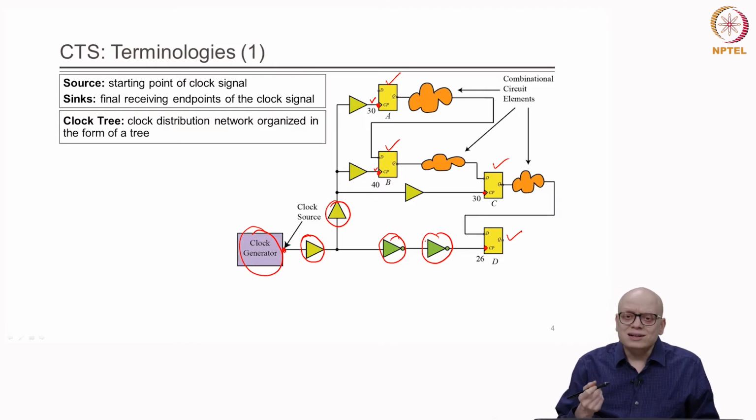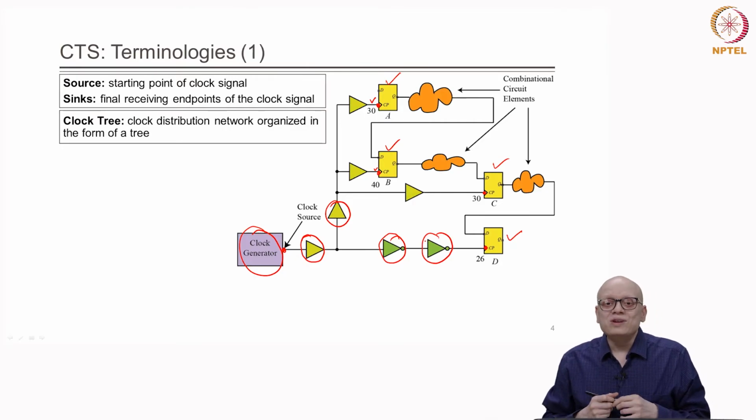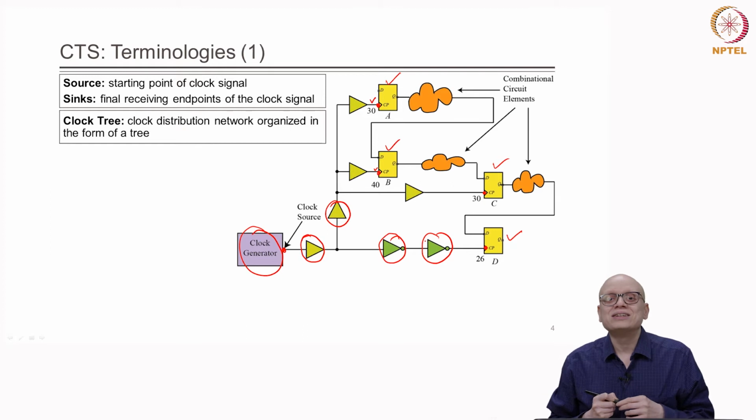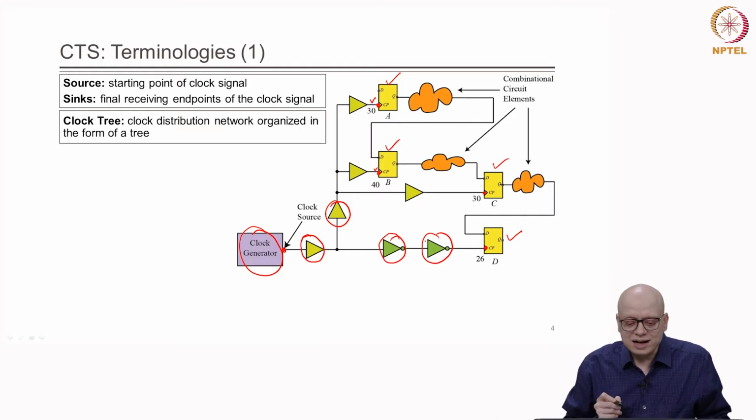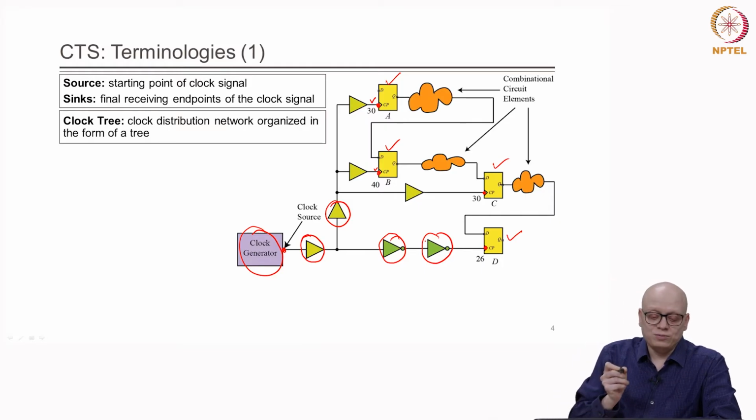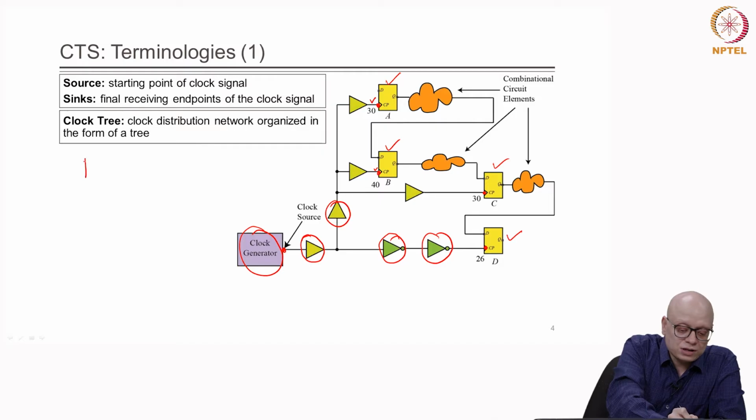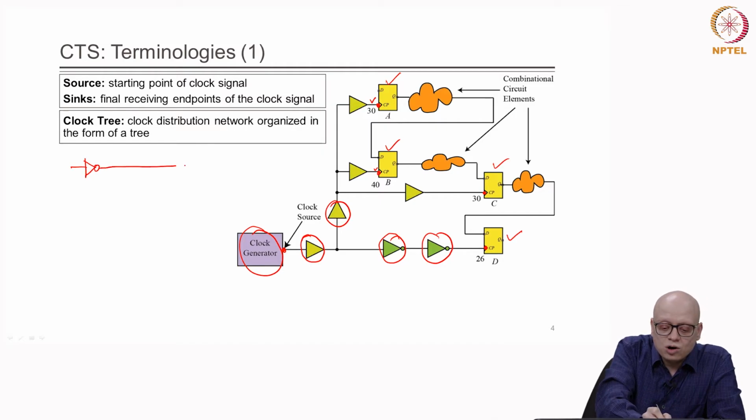Now, let us understand a very basic question: why do we have so many buffers and inverters in the clock network? What is the role of these buffers and inverters? To understand it, let us take an example where there is an inverter, and this inverter is driving a very long wire, and at the end there is another inverter.